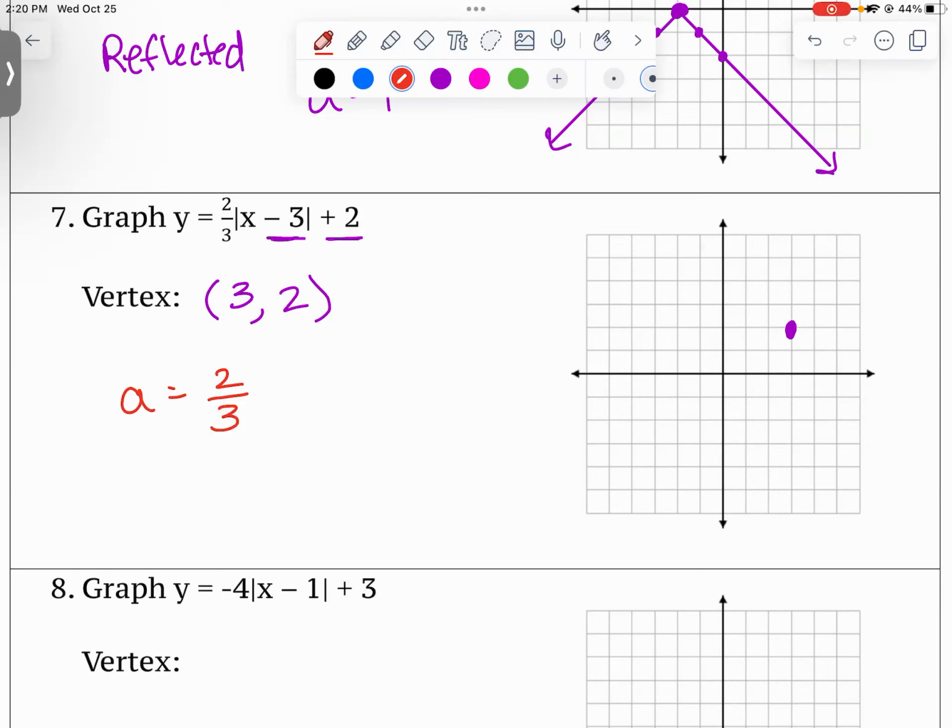So is our V going to be wider or skinnier? Wider. It's going to be wider. Okay. So what we're going to do is count our slope to the right, up 2/3. We're going to count our slope to the left, up 2/3 the other way.